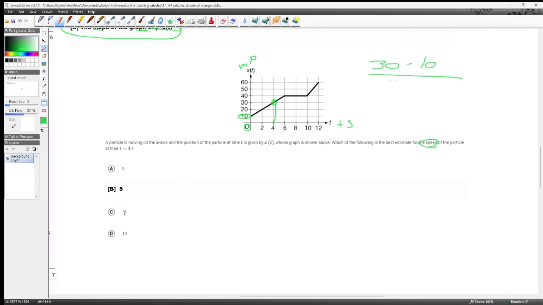And since this is a linear line, this would give us our actual slope, or rate of change. So that's why it's 5.